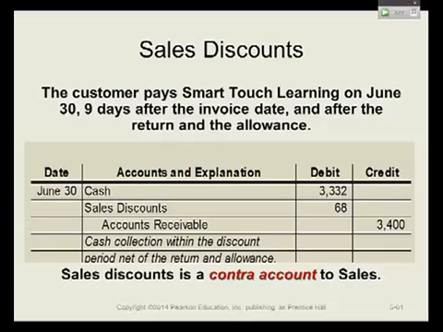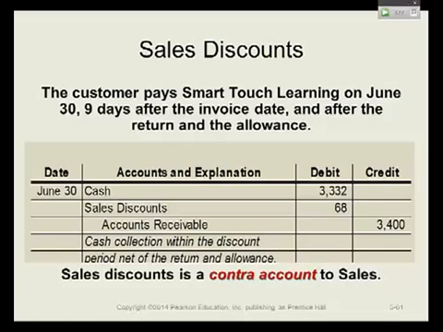Now, when you saw the term earlier, net sales, it is basically sales minus sales returns and allowances and sales discounts. So to wrap this up, when you look on the income statement, you'd have sales of $5,000.